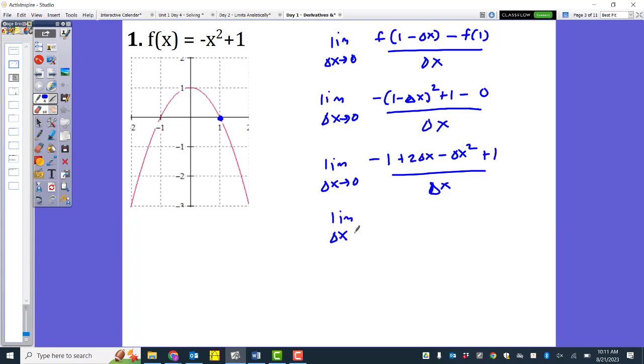So we'll simplify, and we're left with negative 2 minus delta x. Plug in 0, and we end up with negative 2. If we look, that looks pretty close to a slope of negative 2. It can't be positive, but if I had to draw a straight line there, I'd say that would be a slope of negative 2.